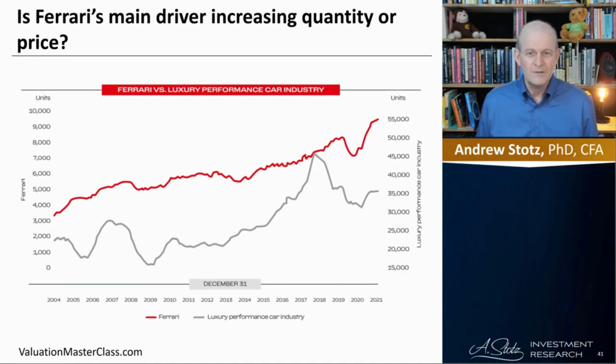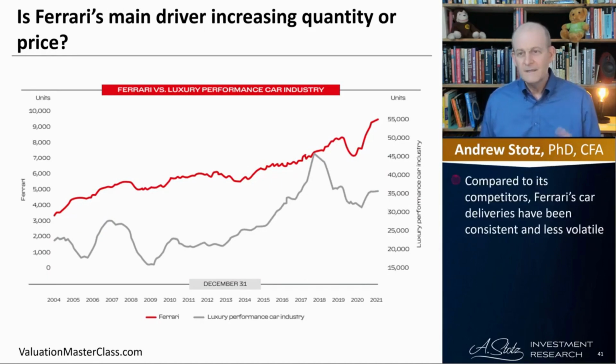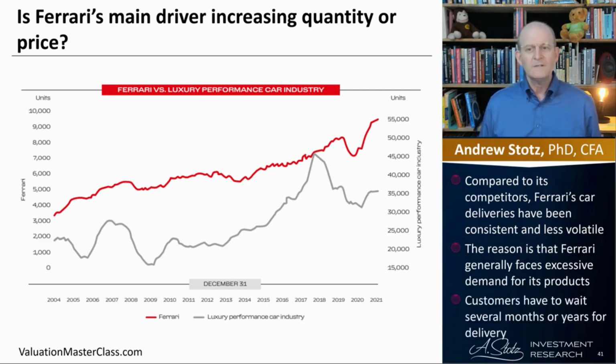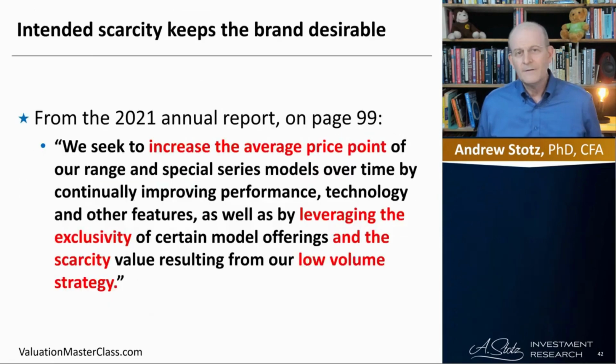We can see this chart where they show the units and try to understand what's going on. It says, compared to its competitors, Ferrari's car deliveries have been consistent and less volatile. The reason is that Ferrari generally faces excess demand for its products, and customers have to wait several months or years for delivery. This intended scarcity keeps the brand desirable.